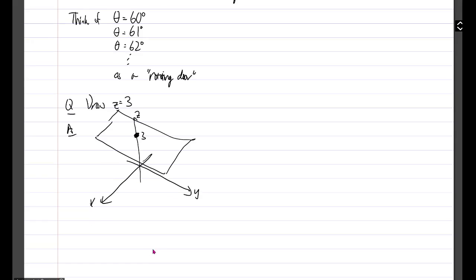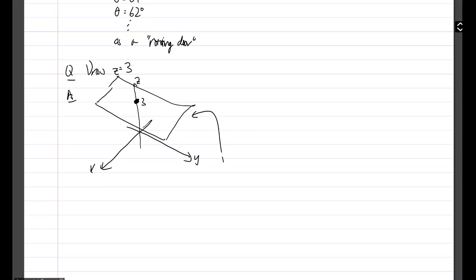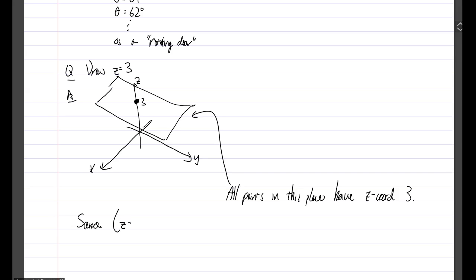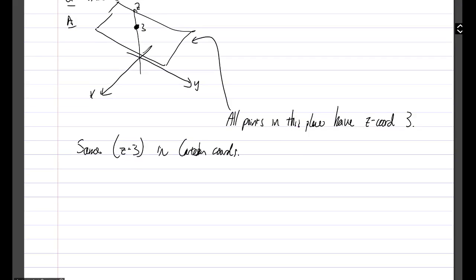It's the plane where all points have z coordinate being 3. And this is actually the same as z equals 3 in Cartesian coordinates. So that hasn't changed.